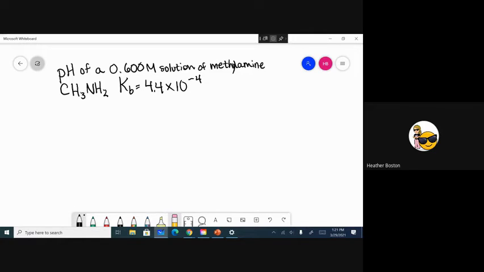But I'm going to tell you right now, amines have nitrogen in them. I want you to automatically think of nitrogen as electron rich because it has a lone pair of electrons above it. So in this case, it is going to act like a base. You can also see that Kb is greater than 1 times 10 to the minus 7. Therefore, it's going to be a base.